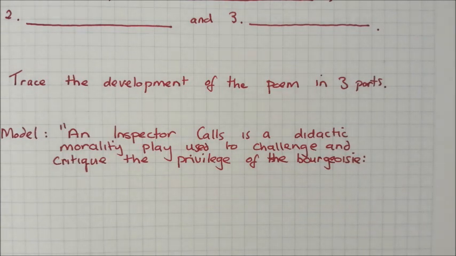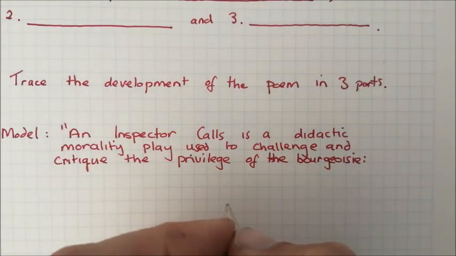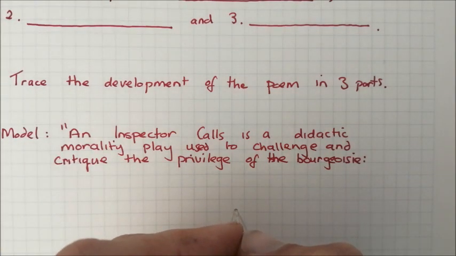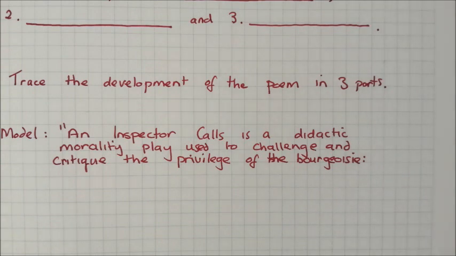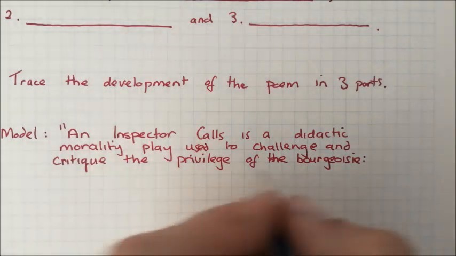Okay? Then I need to break that down into three different parts. So I'm thinking part one. What does Priestley do first? He reveals the incompetence of Mr. Birling and the abuse and the firing of Eva Smith by Sheila and their exploitation of Eva Smith's labour. So I'm going to sum that up as my first big idea.